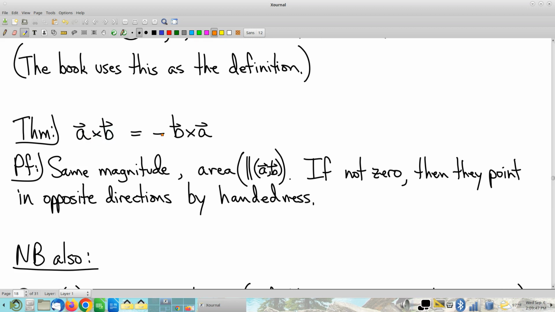Cross product is not commutative. There's a minus sign there. So do be careful while you're doing algebra with cross products. Certain rules do work. Other rules that you got accustomed to in elementary school don't work. And you don't want to accidentally step on a landmine by forgetting that minus sign. So careful. All right.